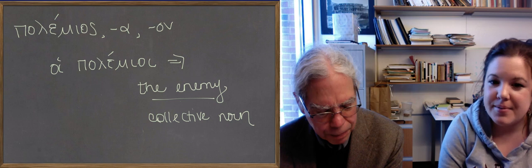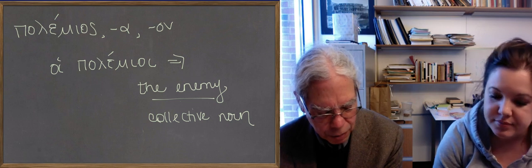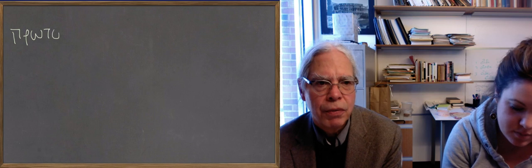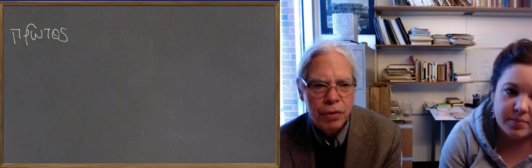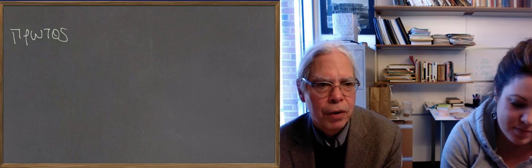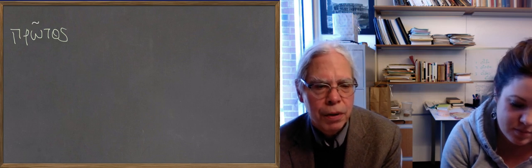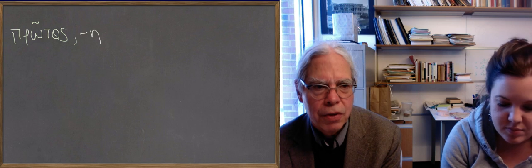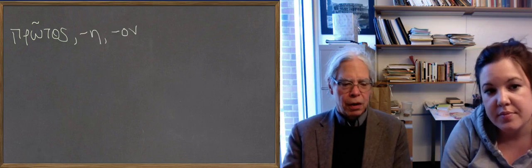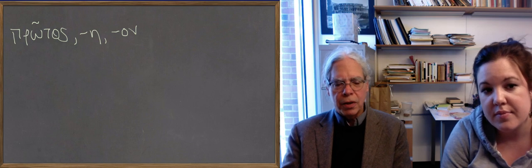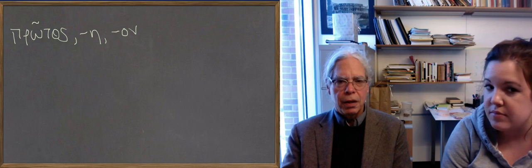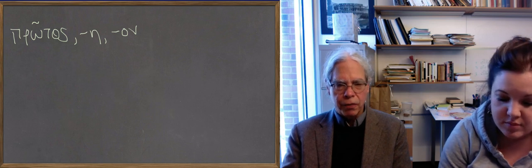Last thing is the adjective protos, which has lots of derivatives in English, as in protozoan and prototype and all those things. Protos, prote, proton has three genders. One of the things that's curious and important about it is that it often is used in the predicate in Greek without an article in front of it.